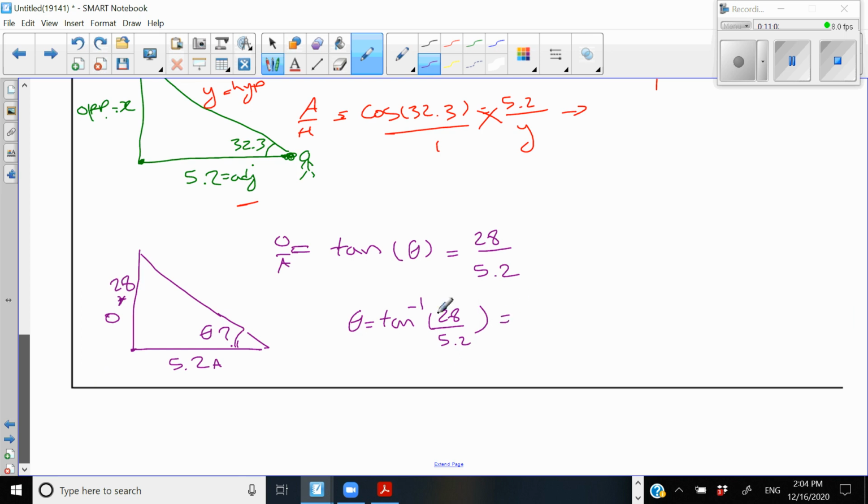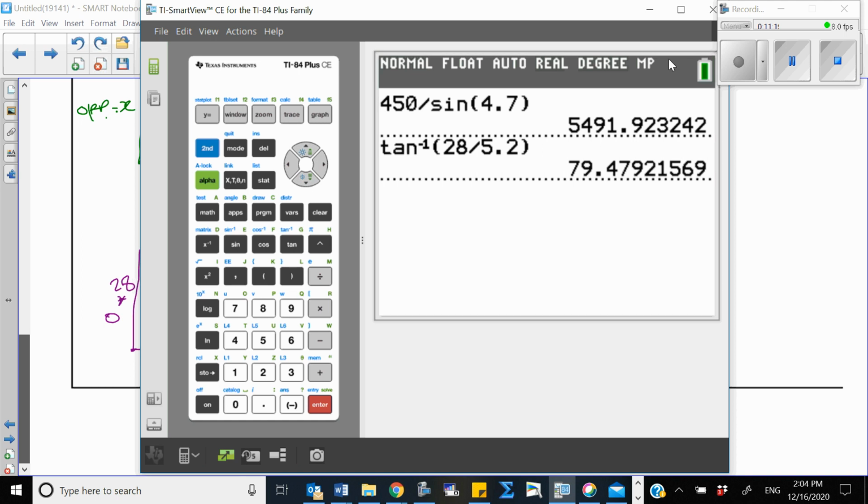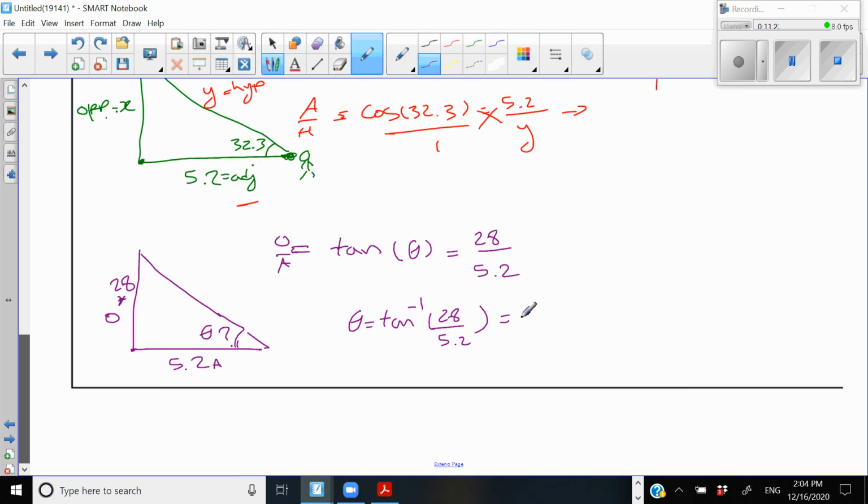Then I can use my calculator to find that. So I go second tangent of 28 divided by 5.2. 79.47. 79.47 is the angle.